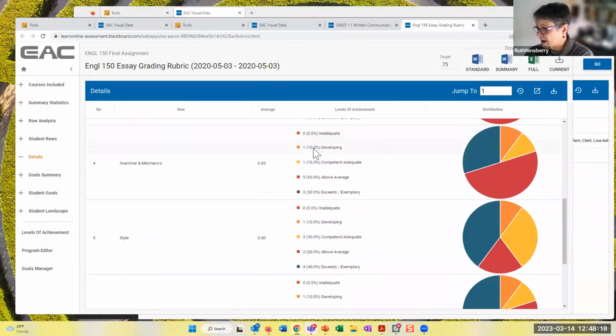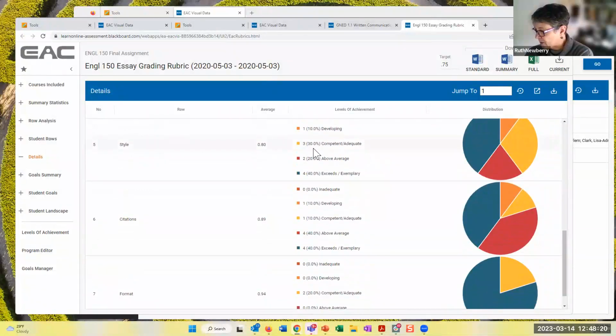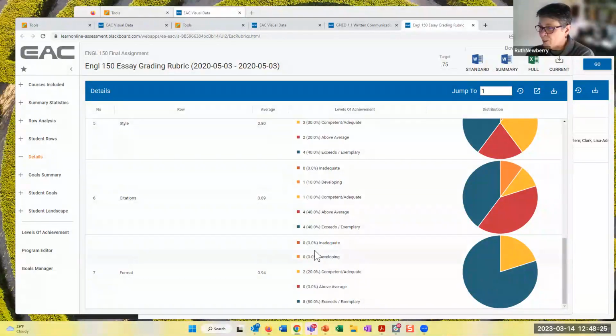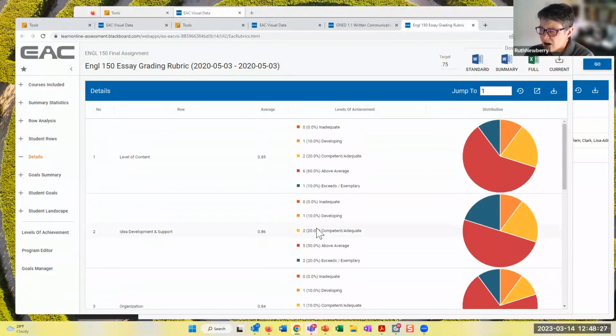When I start getting perhaps down here, maybe a few more, but mostly I'm not scoring any of my students at that lower range. So this may tell me, again, my students are where they need to be. If you see more students in the inadequate or the developing, then those rows would have a lower average. You would be concerned about that and want to make some changes or investigate.